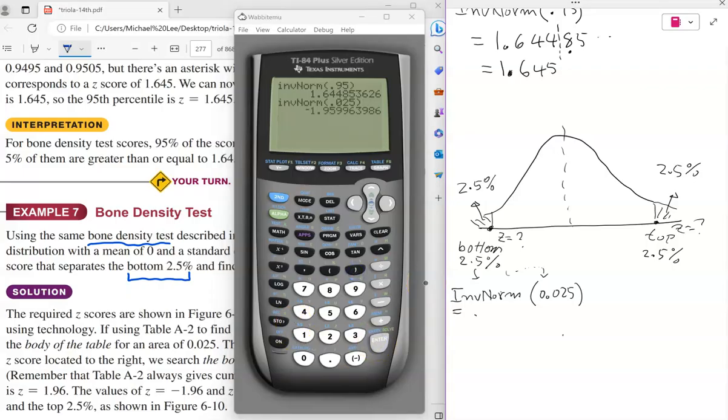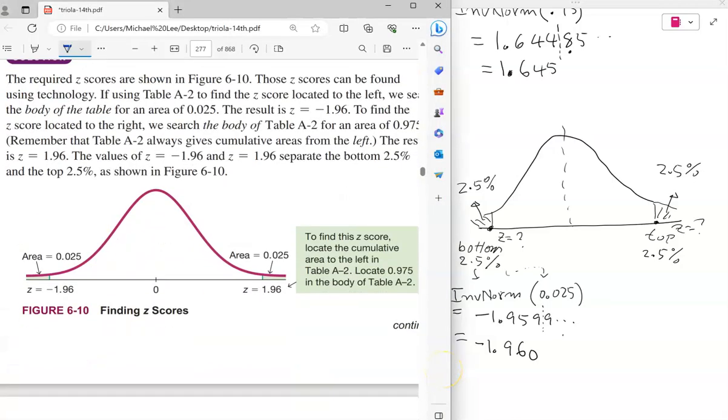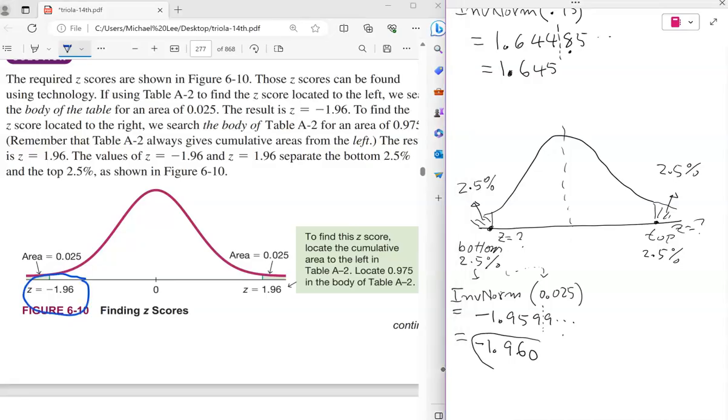Then you're going to get negative 1.9599 like this. So if you write 3 decimals, it's going to be negative 1.960. Okay, so if you look at this one, negative 1.96. Now, whereas the top 2.5 is positive 1.96. Why? Because they are symmetric.